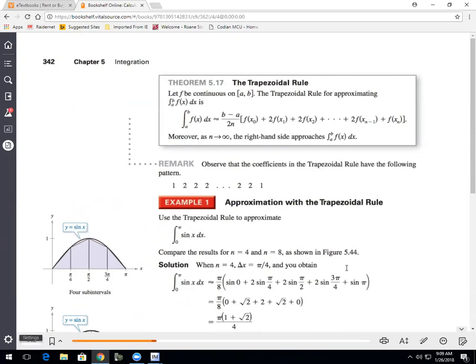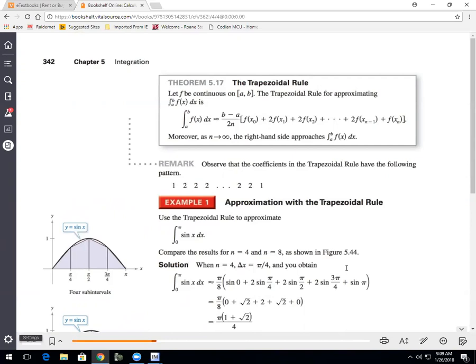And to use this and distinguish between the trapezoidal rule and the Simpson rule to know which one you're using, notice that in the trapezoidal rule, the coefficients of these heights are: the first one's 1, the last one's 1, and every height in between the first one and the last one, the coefficient's 2.